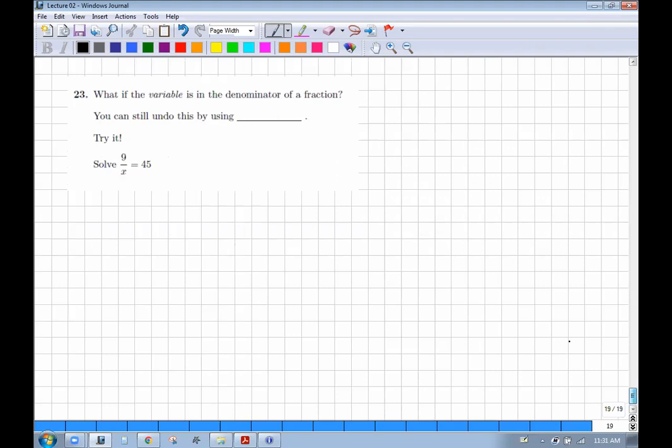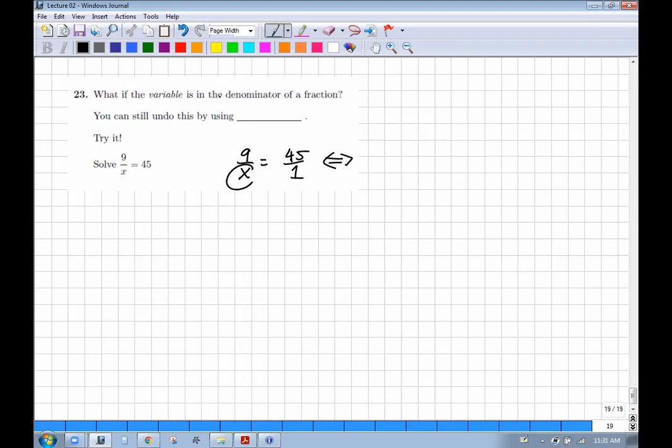All right, what if the variable is in the denominator? Okay, well, what are we going to do here? There's a trick. I have 9 over x equals 45, and 45 is the same thing as 45 over 1. So here's the trick: you can flip both sides.